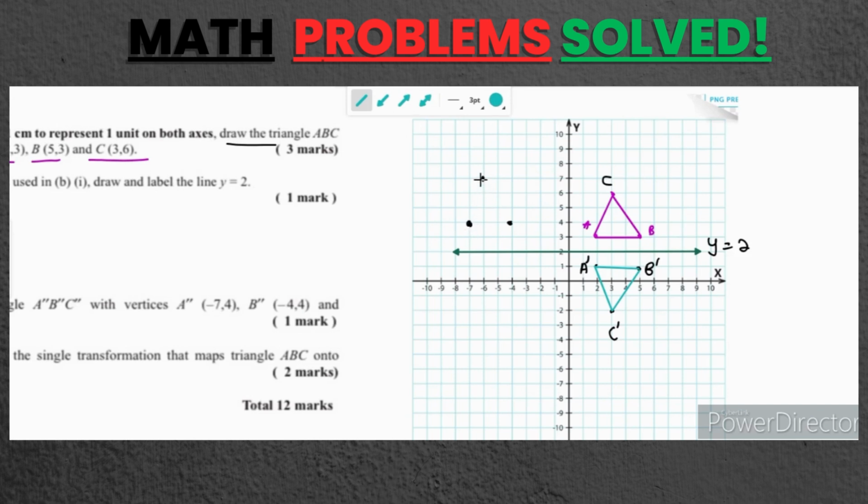Then we have to mark them. Combine these points. So it will become A double prime. It will become B double prime. And this is C double prime.